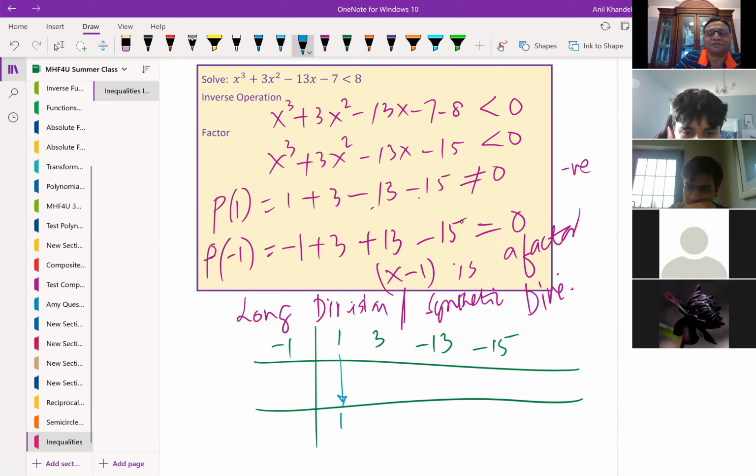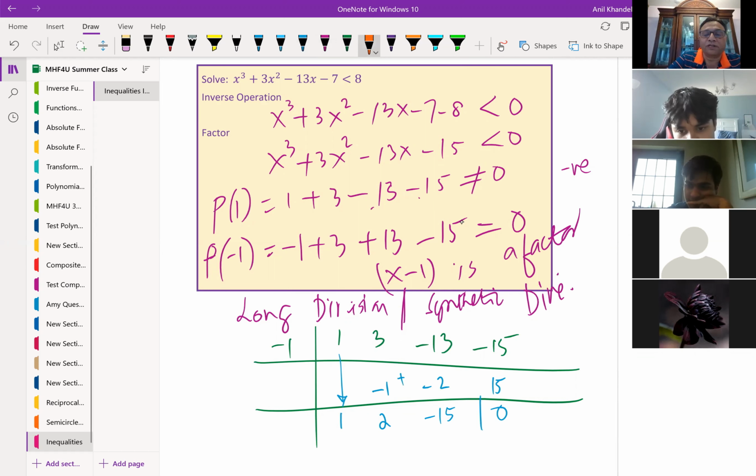Take the 1 down, multiply by negative 1, and add the 3. Then take the 2, multiply by negative 1, and add the negative 13. Then take the negative 15, multiply by negative 1, and add the negative 15, and you get 0. Very easy, right? Ankita, do you see this? Practice synthetic division. It is very easy and very fast. Easy to check.